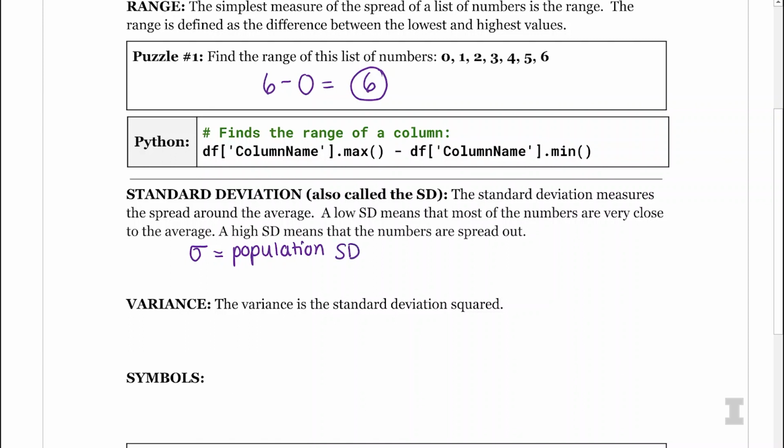For a sample standard deviation, we use a lowercase letter s. The thing about standard deviation is that for a population versus a sample, there's actually a different formula, which isn't the case for mean and median.